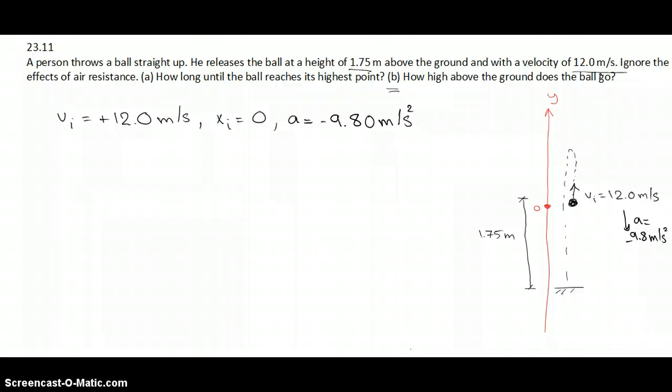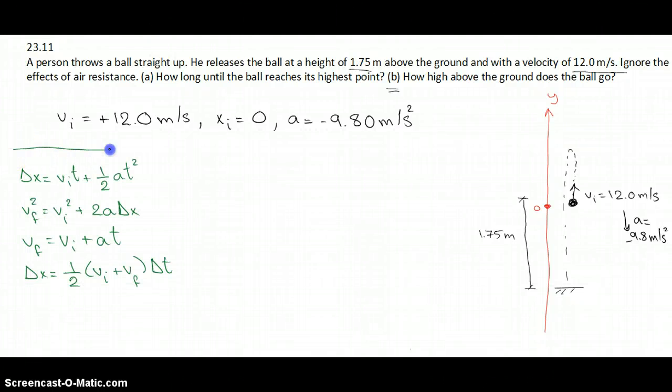Now I start thinking about the problem. I write down the formulas that apply. And as I said, these will be given to you in a test. So these are the formulas for motion with constant acceleration that apply.